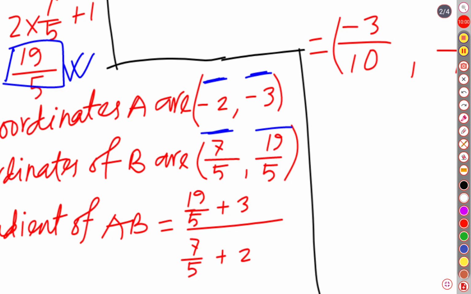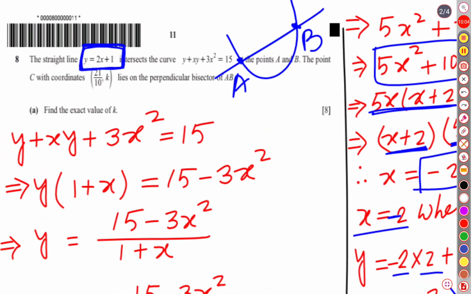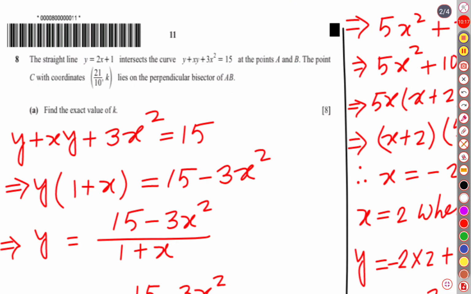Now we should not forget that they have told us to find the perpendicular bisector. Let me show you the perpendicular bisector. Let's say this is our straight line AB. A perpendicular bisector means the straight line which passes through the midpoint.